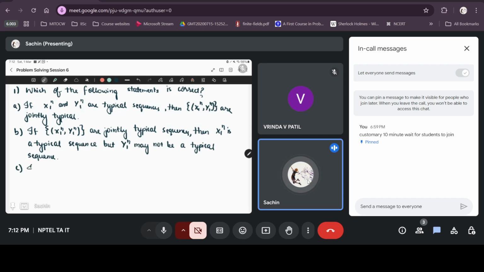Option C is: if Xn and Yn are jointly typical sequences, then Xn and Yn are also typical sequences.